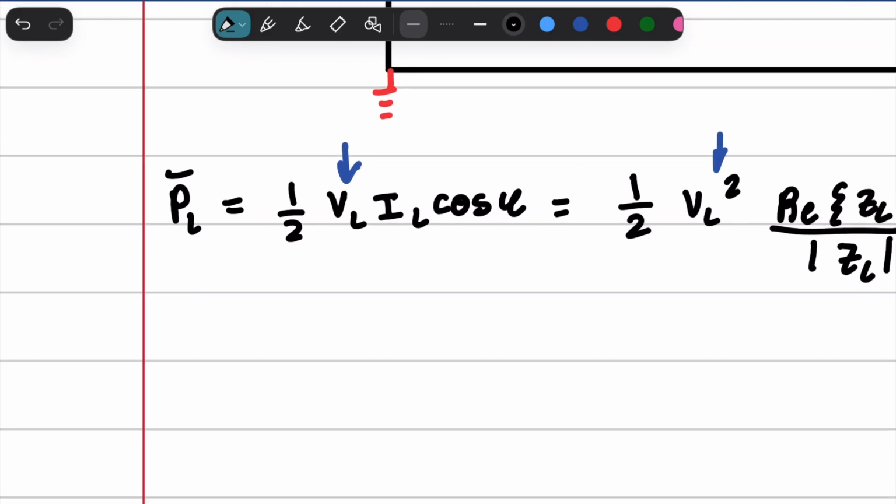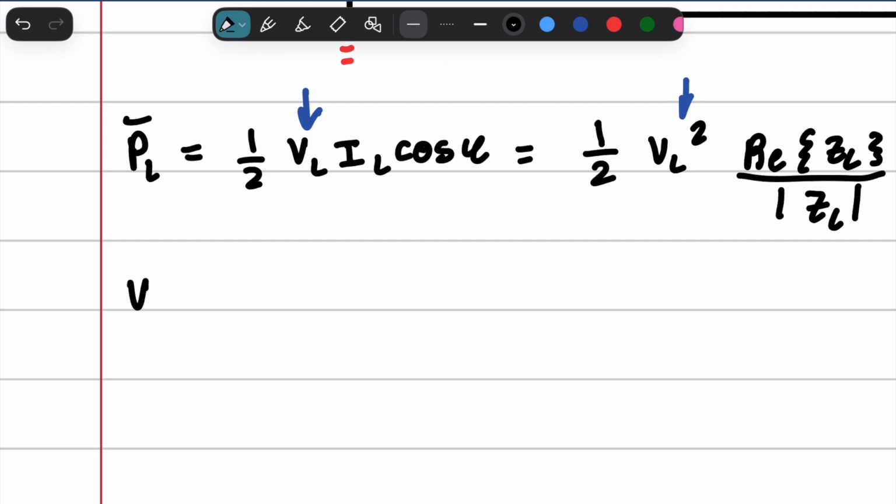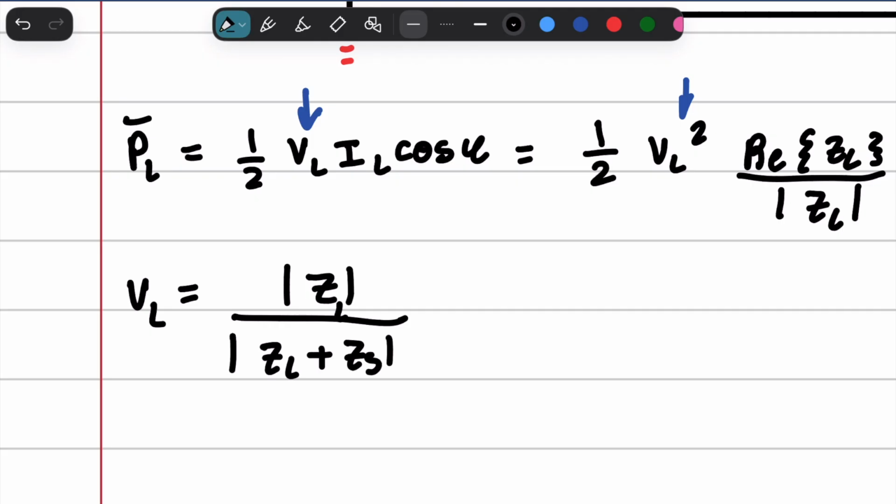And to get that, we will use a simple voltage divider, something that we learned way back in Unit 1. And so we're going to have the magnitudes of the impedance of ZL over the magnitudes of ZL plus ZS, and then times the source voltage.